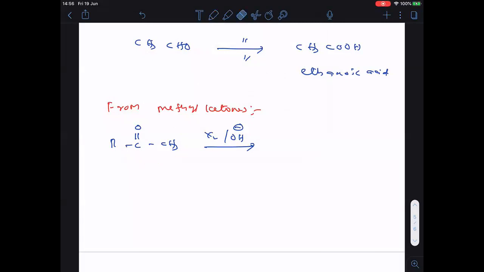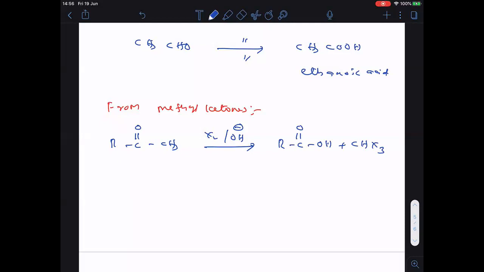Am I right? Is it clear, everyone? Therefore, what are the products formed here? One is the carboxylic acid, one is CHX3. In place of X, if I take iodine, you will get CHI3. What is the name of CHI3? Iodoform.